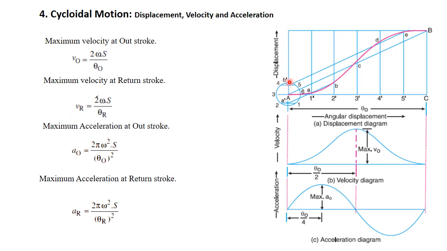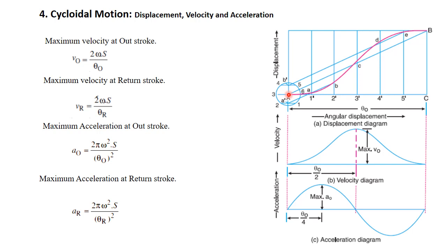Therefore, we can say that stroke S is equal to 2 pi r, where r is the radius of the circle. So r can be computed as S by 2 pi. Therefore, the radius of the circle becomes S by 2 pi. Once we have the value of r, we draw the circle at point A.